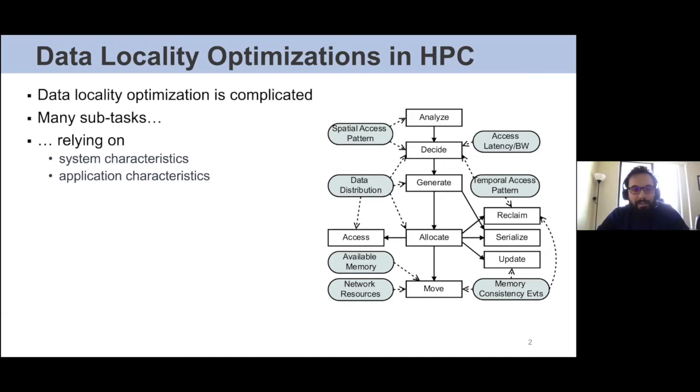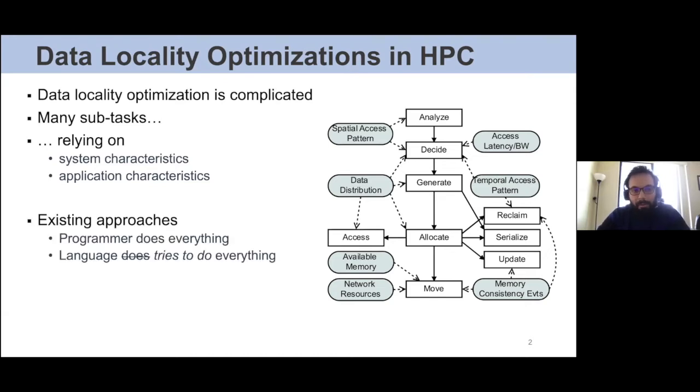If you look at the state of the art and see what we do in the field, we either rely on the programmer doing everything. MPI falls into this category, or if you are a really savvy PGAS user, you're probably doing this. Or you just rely on your language stack, your compiler, runtime, libraries, what have you, to do everything.